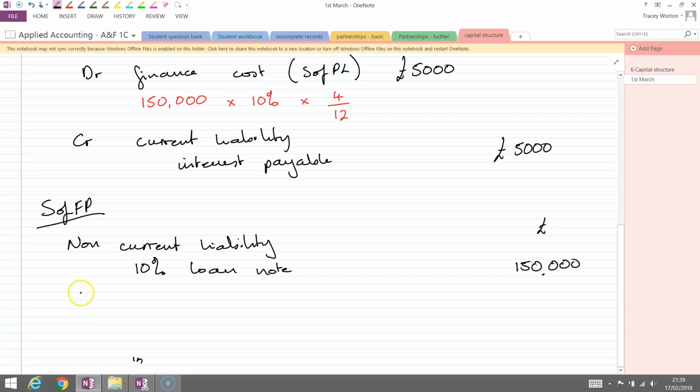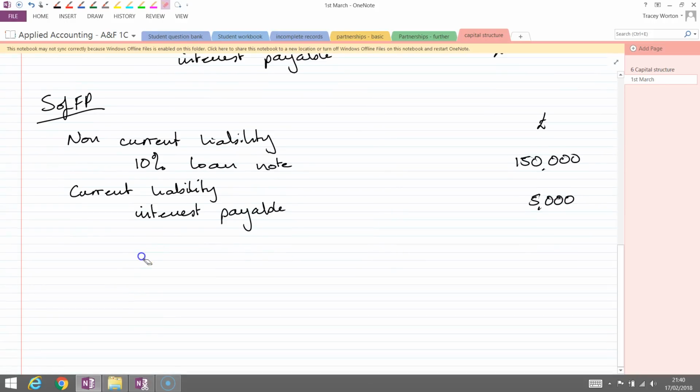In terms of the current liabilities, we're going to have interest payable of £5,000, the amount that hasn't yet been paid at the year end.